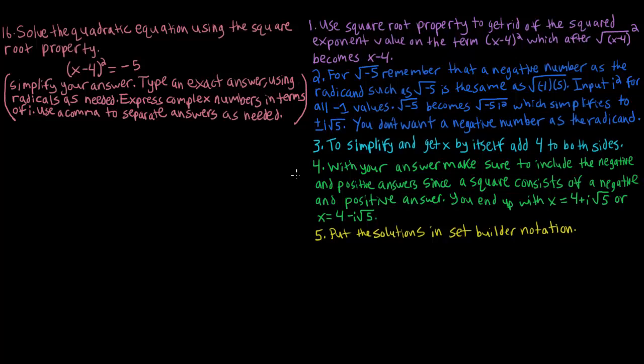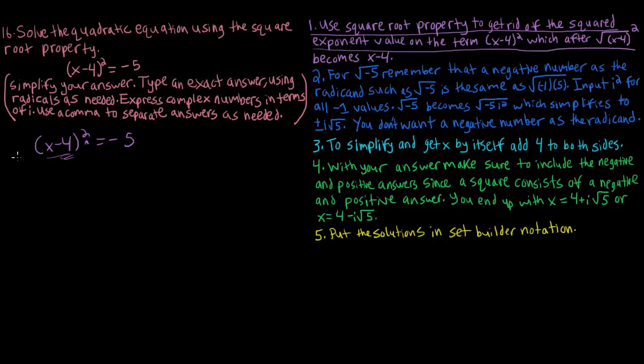So for step 1, we want to use the square root property to get rid of the squared exponent value on the term (x minus 4) squared, which after you use the square root property just becomes x minus 4. So let's take our initial equation, (x minus 4) squared equals negative 5, and we want to use the square root property to help us get rid of this exponent value on this term right here, x minus 4.